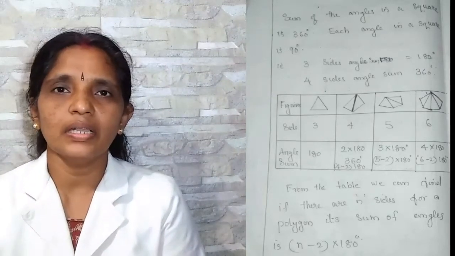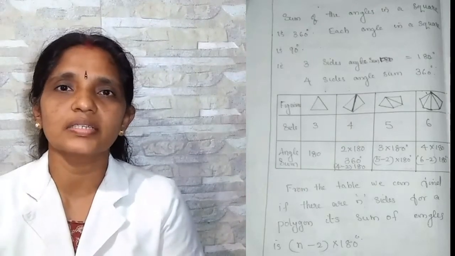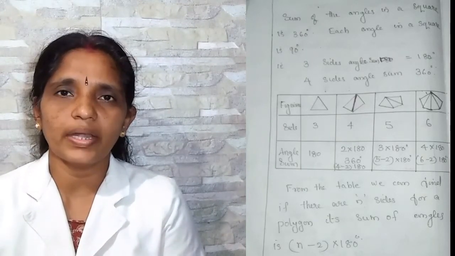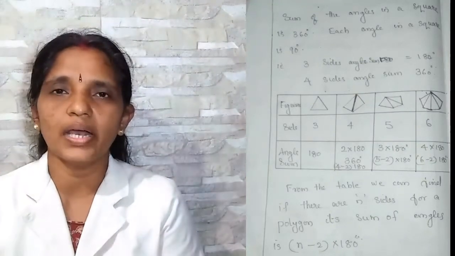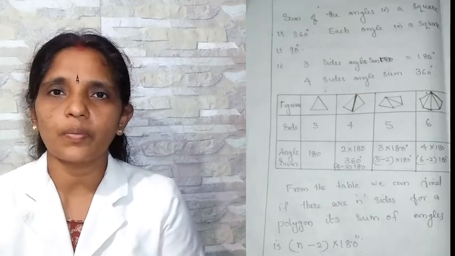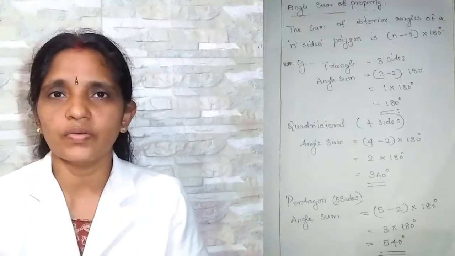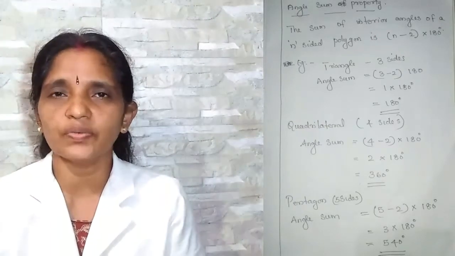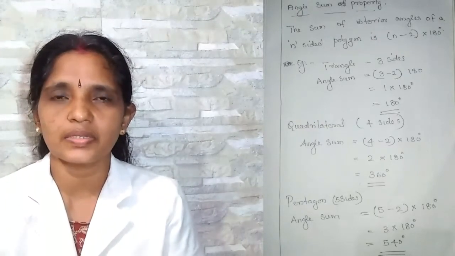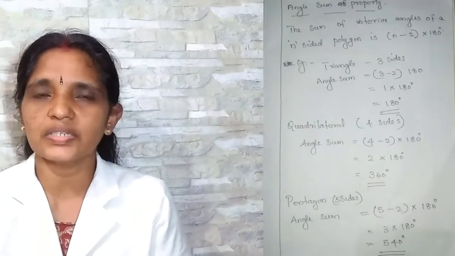Then we will check the sum of the angles in a quadrilateral, pentagon, hexagon, and we will generalize a formula for the angle sum property of polygons. So we will split the figure into different triangles, add the angle sums and generalize the formula. First one, triangle, that is very easy.